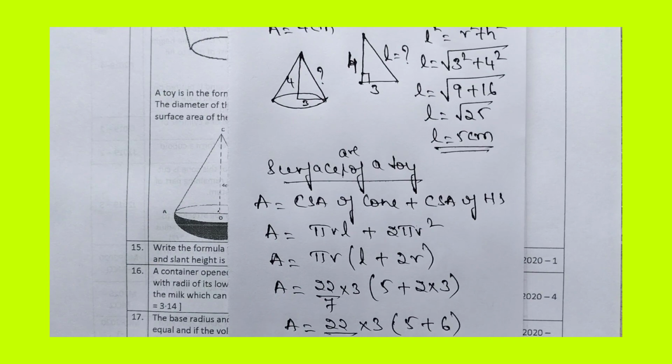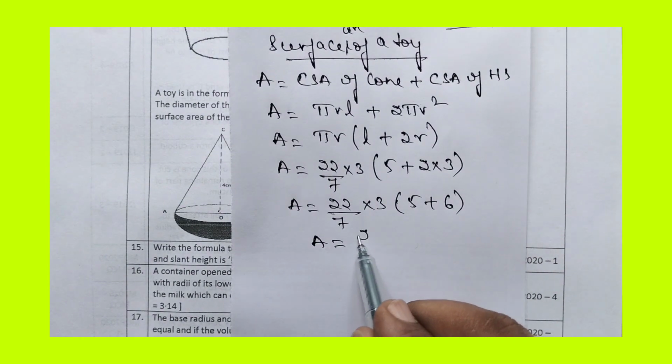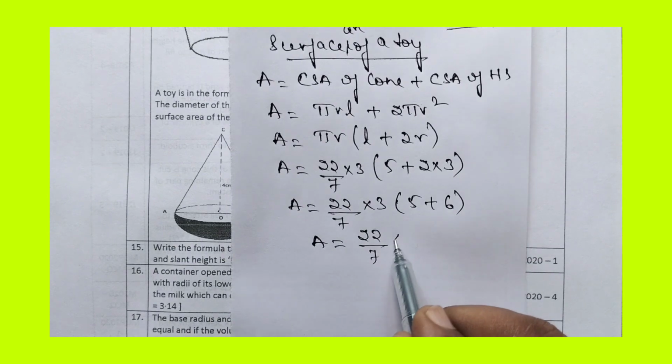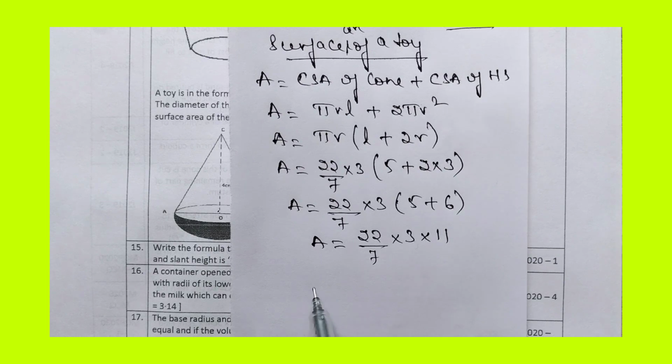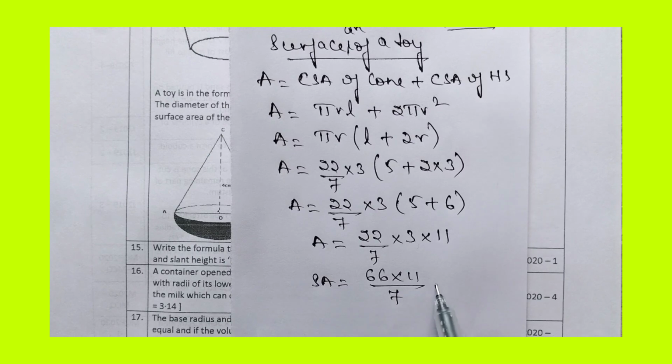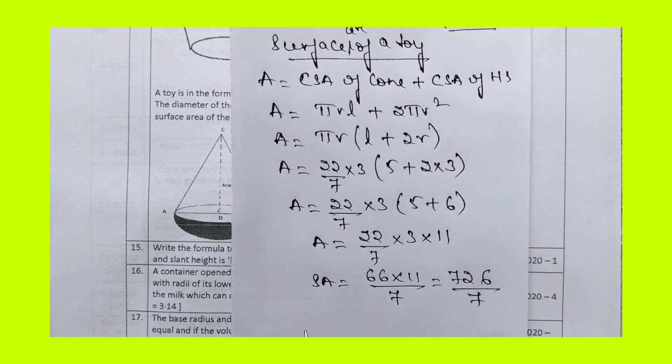So area is equal to, how much will it become? Area is equal to 22 by 7 into 3 into 5 plus 6, which is 11. Now surface area is equal to, if you multiply 22 into 3, that is 66, into 11 by 7, that is 726 divided by 7.